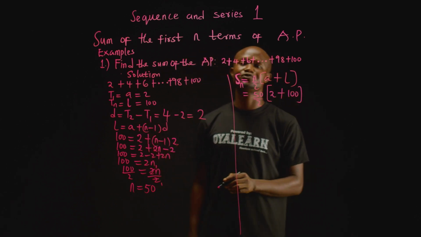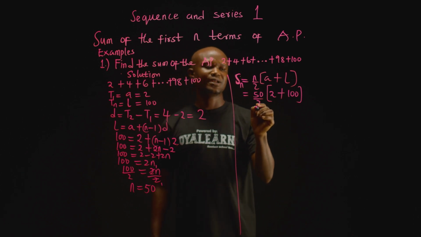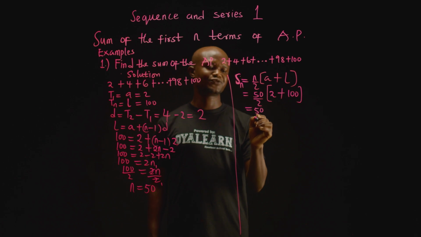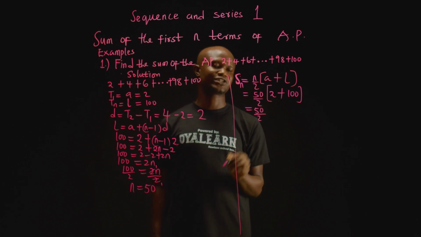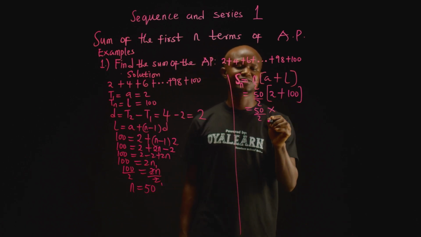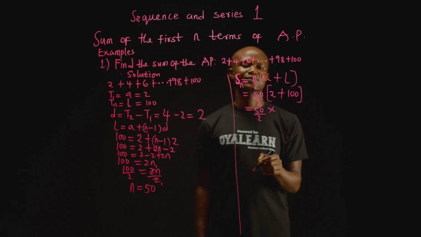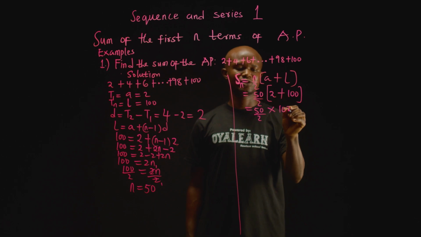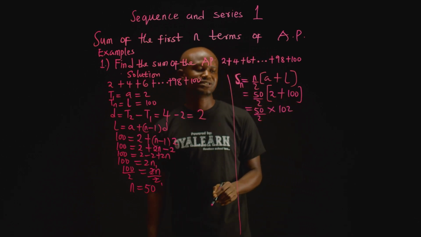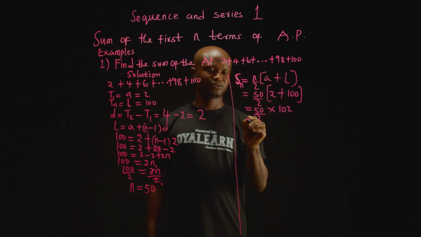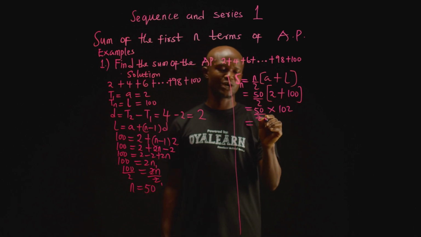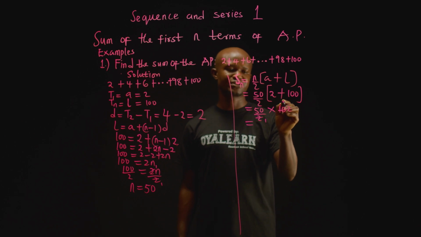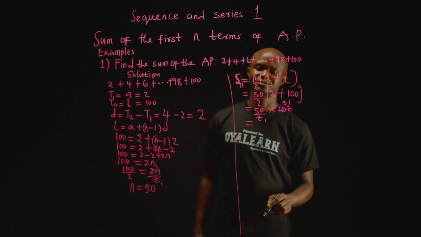So what are we going to do from here? Now, from this point, we can simplify further. This 50 over 2, then times, what do we have here? This is 102. So 102 divided by 2. What are we going to have? 2 here 1, 2 here will give us 51.